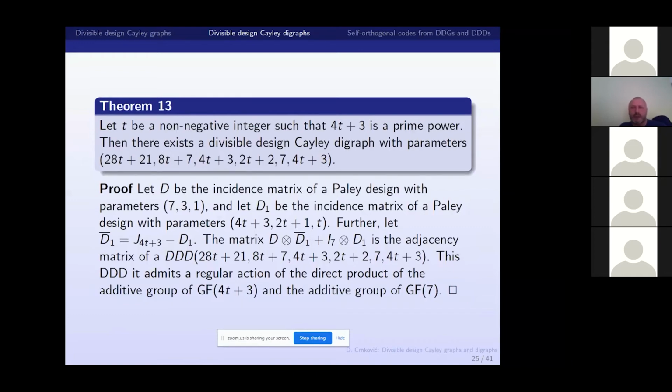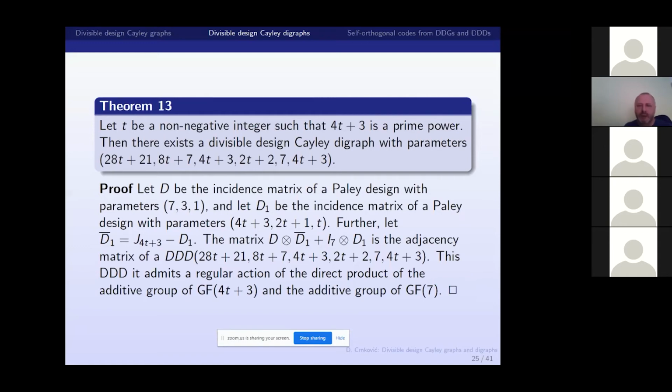So this is also a construction from a Cayley design, but from one particular Cayley design which is very well known, the smallest non-trivial symmetric design. Let t be a non-negative integer such that 4t+3 is a prime power. Then there exists a divisible design Cayley digraph with parameters 28t+21, 8t+7, 4t+3, 2t+2, 7, 4t+3.